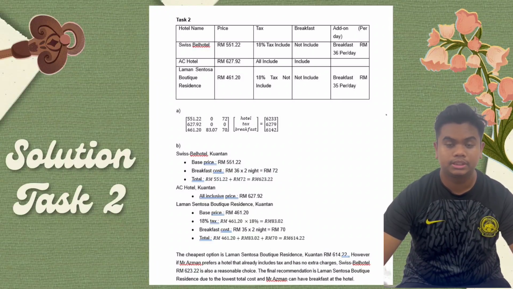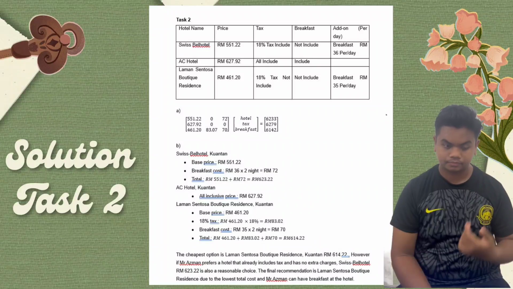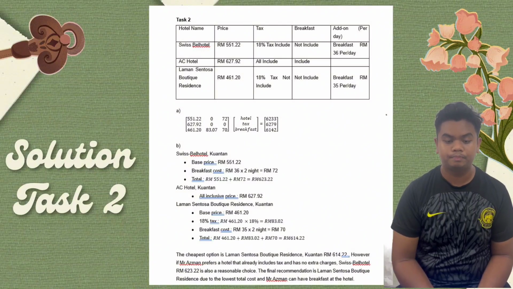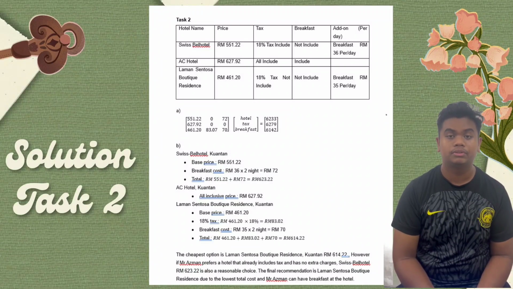In the 3 times 3 matrix, it has price, breakfast and add-on breakfast. 551.22 refers to the price of the Swiss Bell Hotel. 0 refers to the breakfast, and 17.2 refers to the add-on per day breakfast that I have times 2, because Mr. Azman needs to stay at the hotel for 2 nights. So you have 2 days of breakfast.